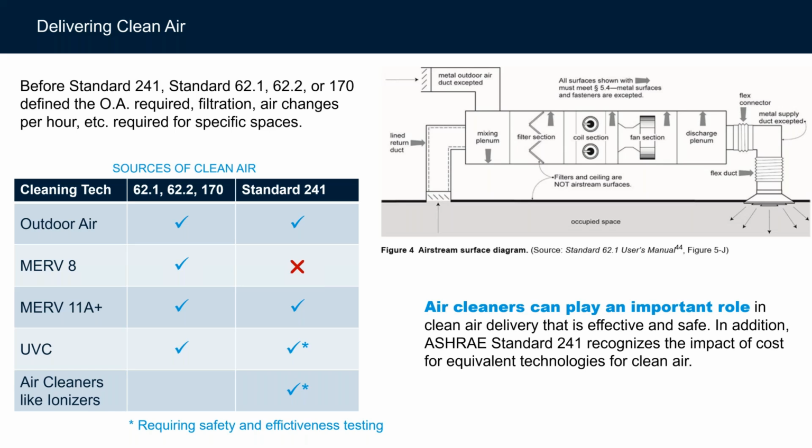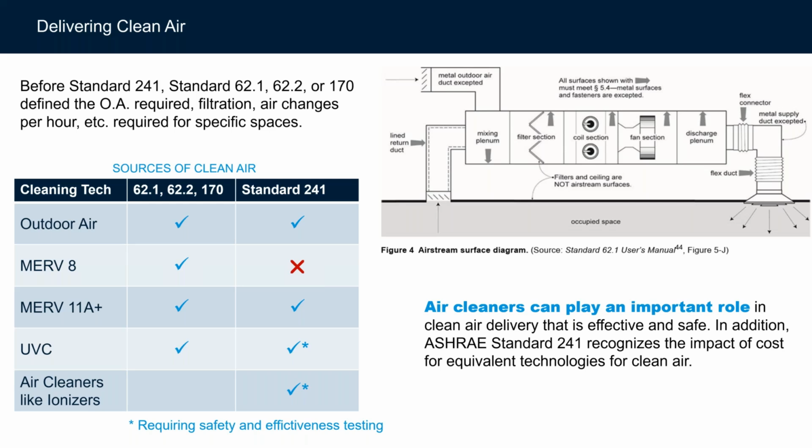Notice though, we typically have a pre-filter that's sometimes a MERV 8, oftentimes rooftop units are a MERV 8. MERV 8 does not apply in 241, meaning it does not count under the 241 ECA. What does count is a MERV 11, and as of January of next year, they've actually changed the requirement from a MERV 11 to a MERV 11A.